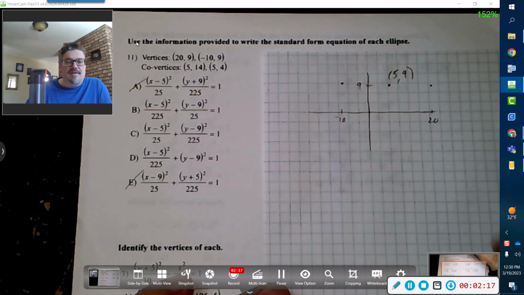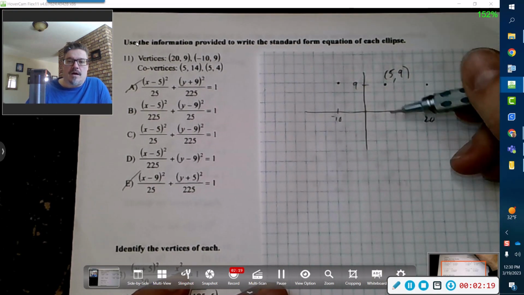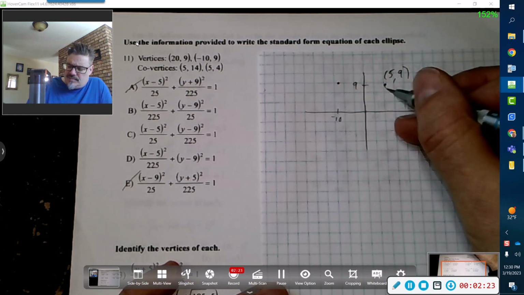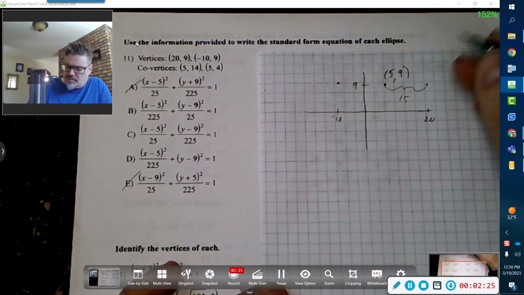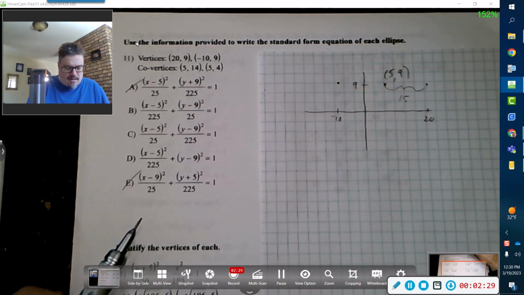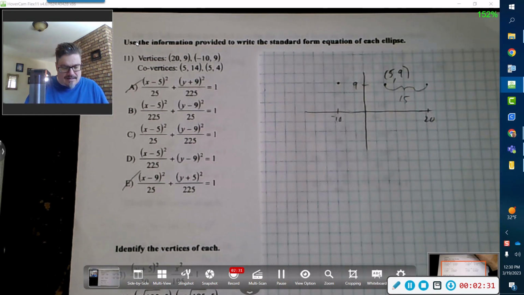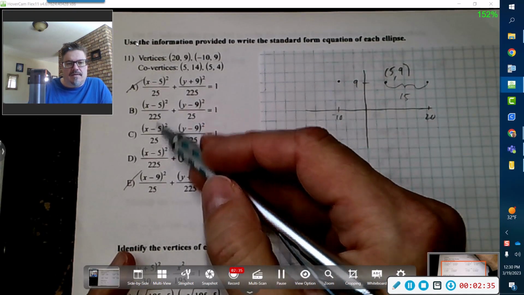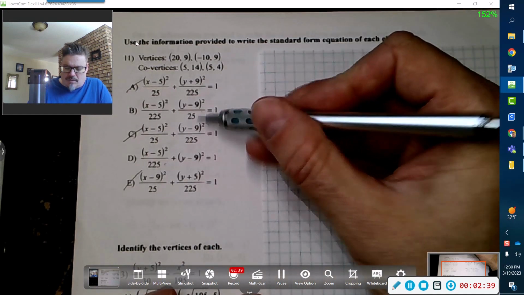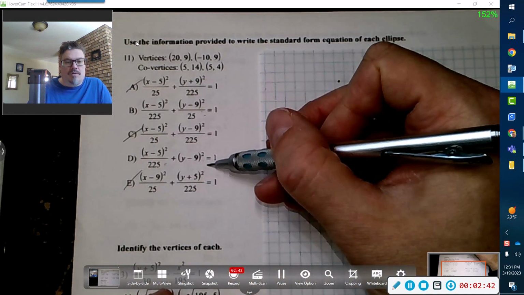We just got to figure out which is which here. So we went up here, this distance being 15, which means that 15 squared should be underneath the x. That's 225. So this means that here and here have to be the case. So it cannot be him. So now, do I have 25 or do I have just 1?